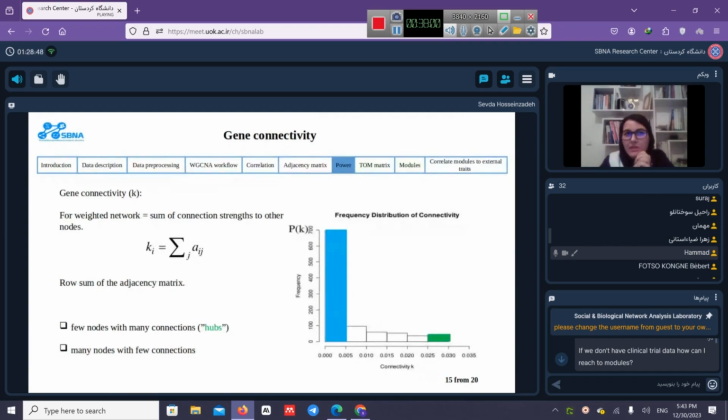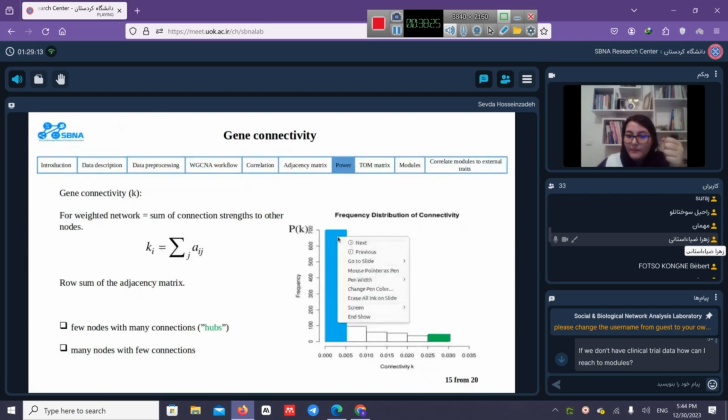And I mentioned that in chicken, for example, we have nearly 28,000 transcripts. But not all of them have any significant role in our special trait or our special condition. And most of them don't have any interaction or link with each other, and most of them are in this part of the plot.